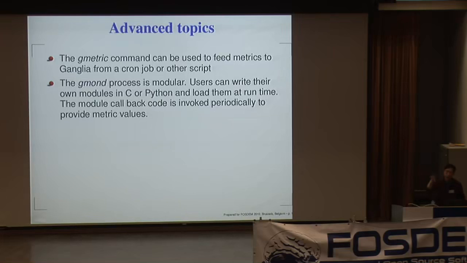These are just snippets of code that you write to collect the data. I think the next slide shows you how it works. In this case, you don't need to worry about having a cron job. The gmond process would be in charge of periodically getting all this information.